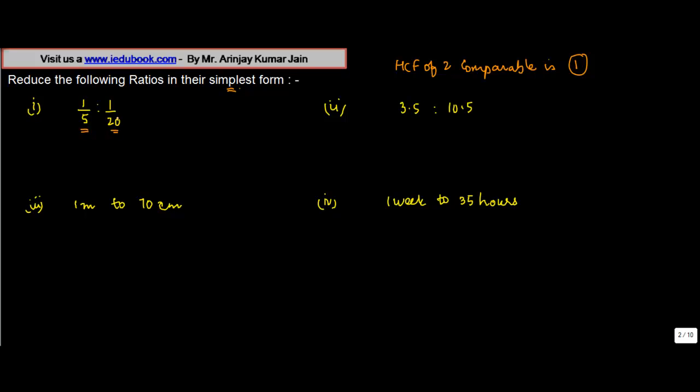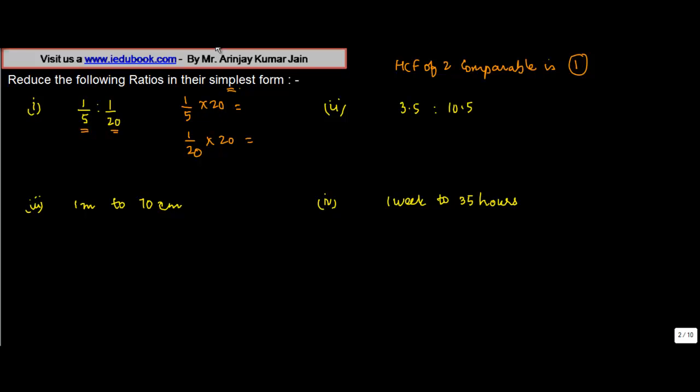Because we know that if we multiply or divide a particular fraction by a same number, the relative quantity will not change. So we can write 1 upon 5 as 1 upon 5 into 20, and 1 upon 20 into 20. We multiply both these numbers by the same quantity.